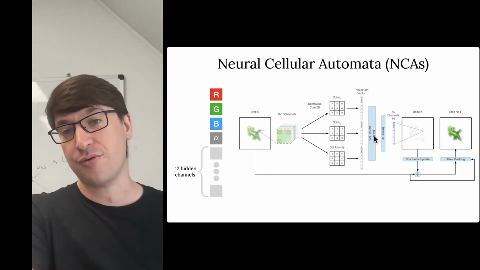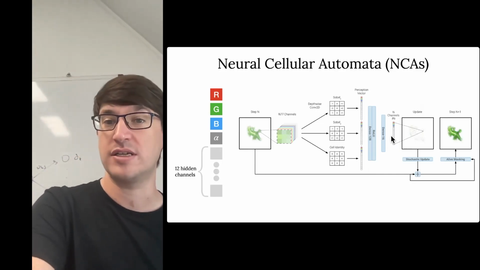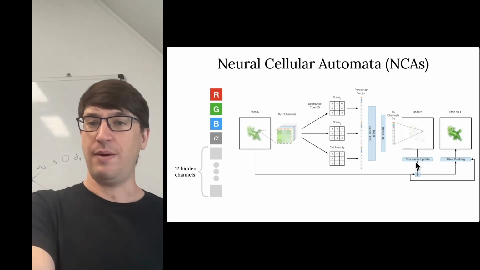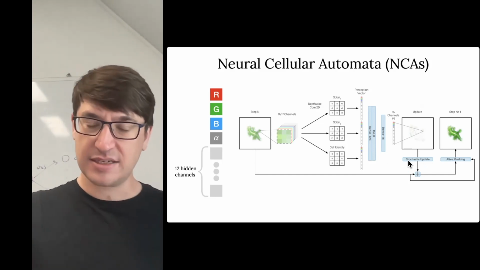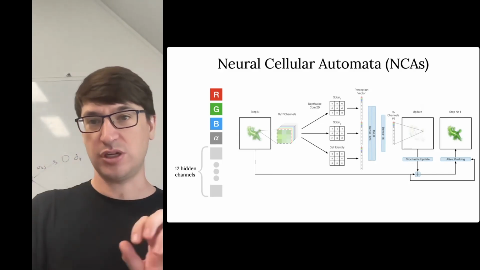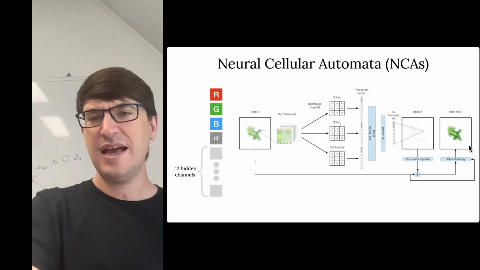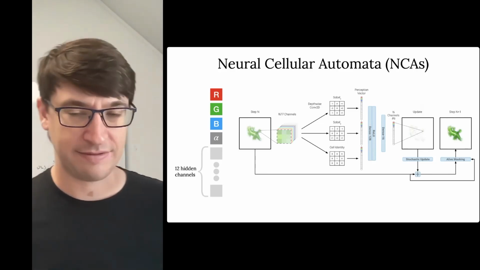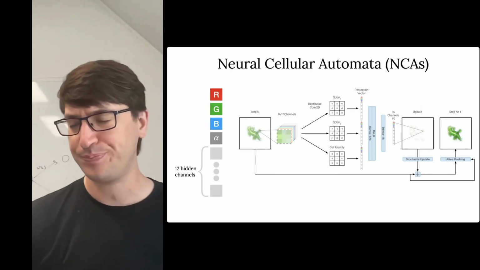We can then pass that through a fairly simple small neural network to get an update for the particular cell we're interested in. And then we apply some stochasticity there so that it doesn't rely heavily on everything updating at the same time, so some cells will change at a certain point. And then we do some masking to make sure we don't get spontaneous growth in random places that has to split out from an existing cell.